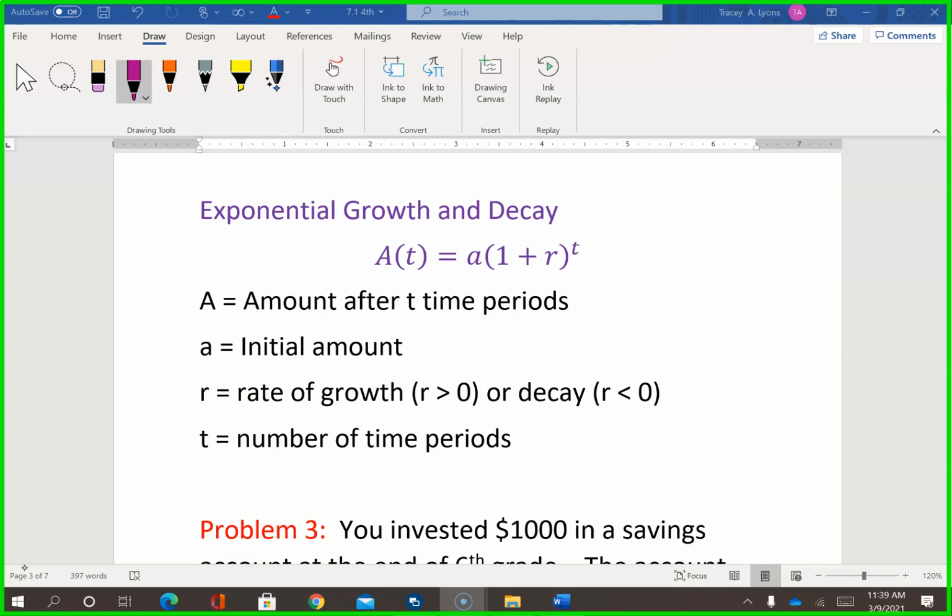It'll be a negative number if it's a decay question. For the rate anyway, or the r. t is the number of time periods. So again, is it days, months, years, what is it? And each question there will be different. So we're going to do an investment question first. And we will go back and forth looking at this formula so we know where to put stuff.